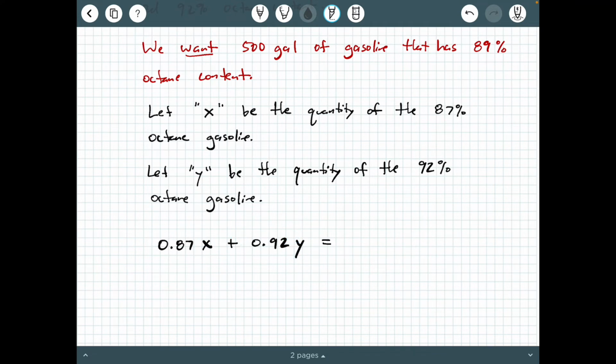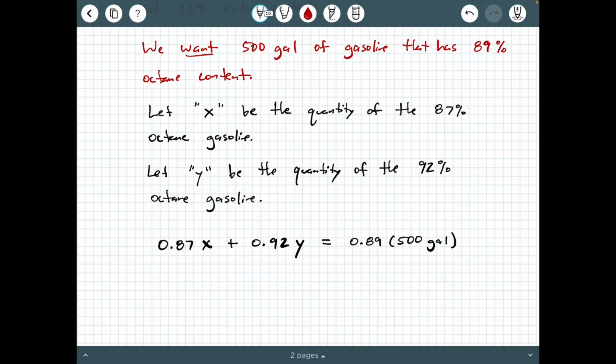So we say plus 0.92 times Y. But what should that equal? Should that equal 500? No, it should equal 0.89 times 500 gallons. Because remember, ultimately, we're mixing this gasoline that has 87% octane with this other gasoline that has 92% octane, and we're getting a total of 500 gallons that has 89% octane.